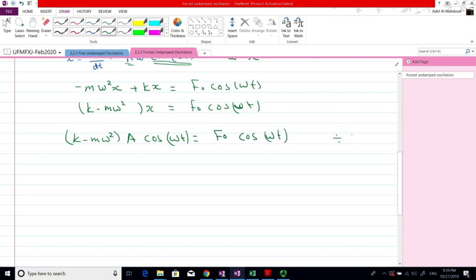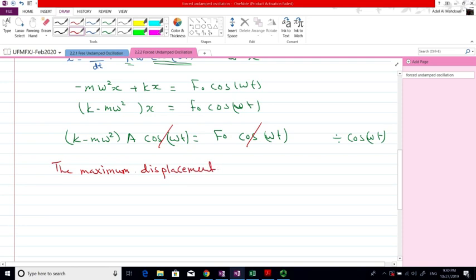If we divide both sides of the equation by cosine omega t, we will cancel this one, and the maximum displacement amplitude A will be F naught over this term, which is k minus m omega squared.